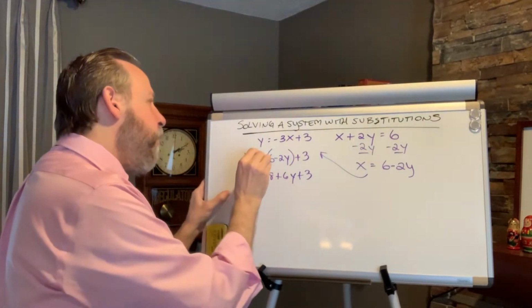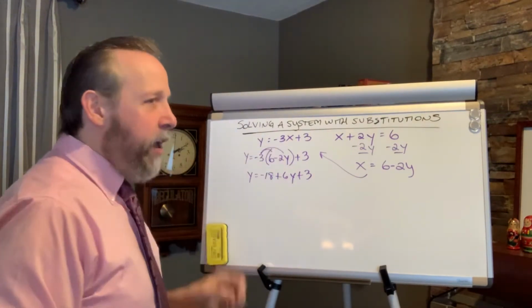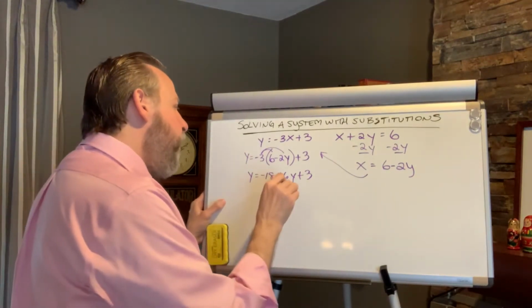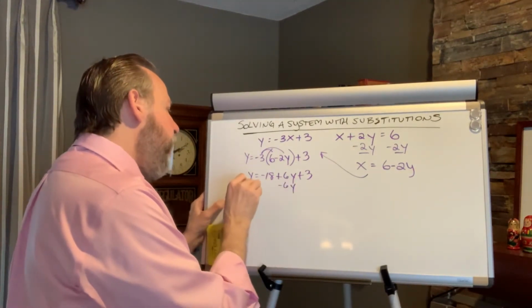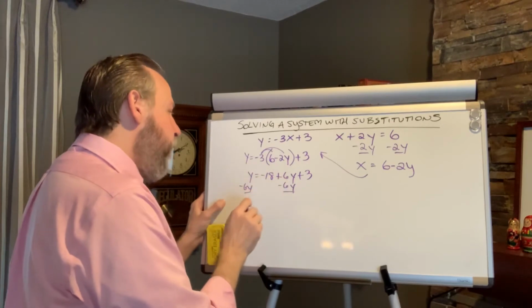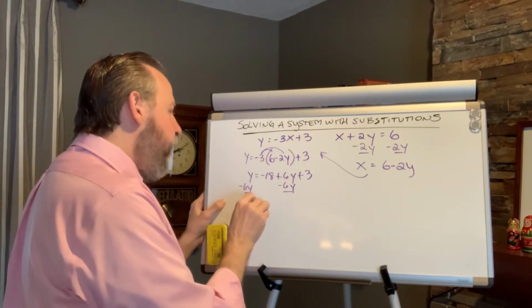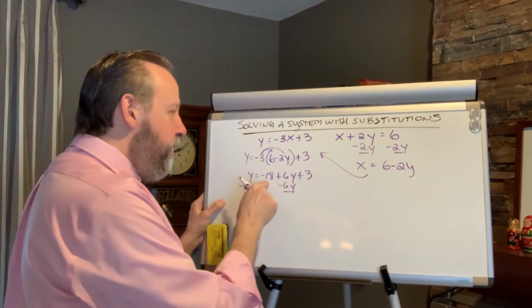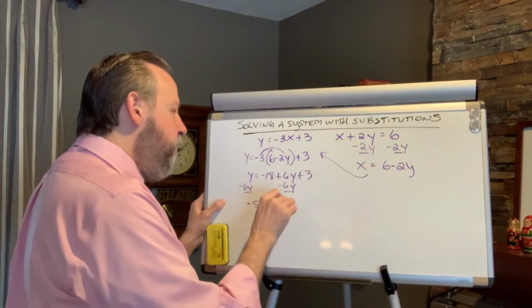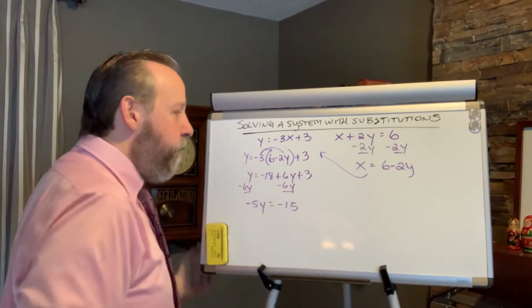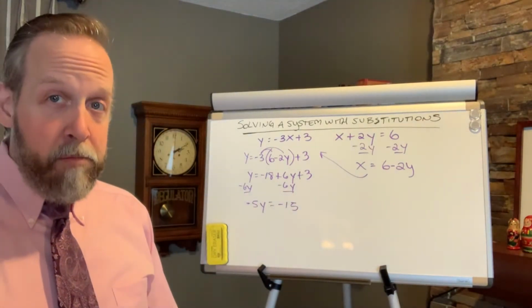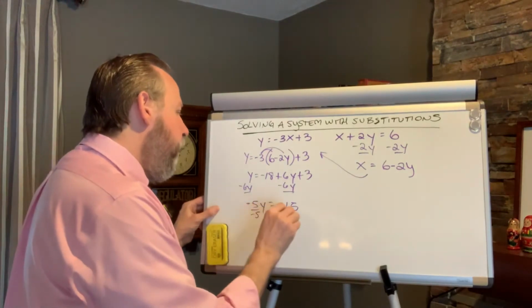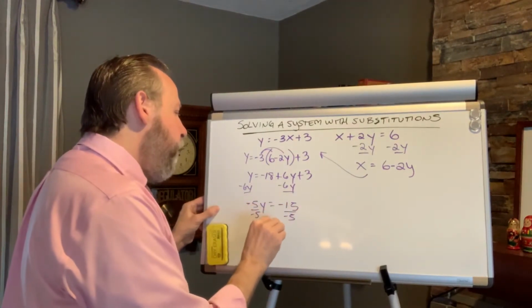All we did just now was distribution, as we've always been doing. Now I'm going to subtract 6y from both sides because I'm solving for y. y minus 6y is negative 5y. While I'm at it, negative 18 plus 3 is negative 15. So far, so good. Final step, divide by negative 5. And y equals 3.